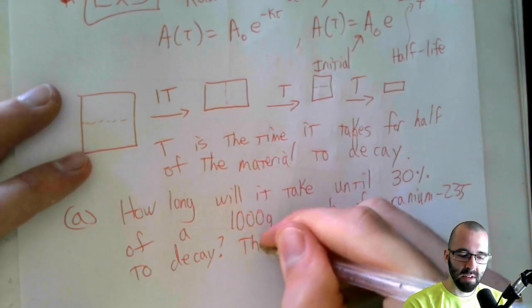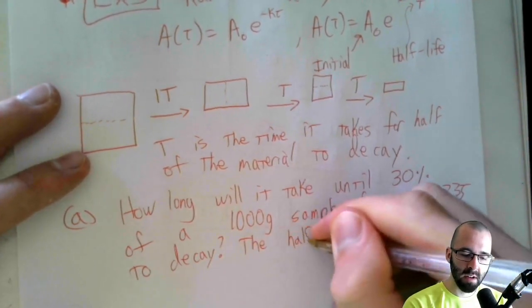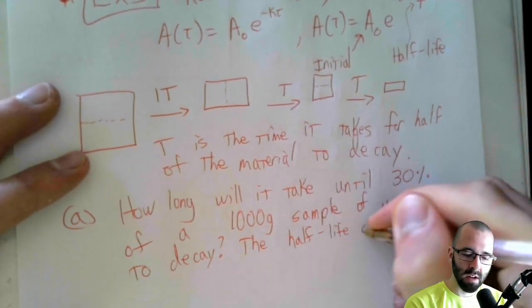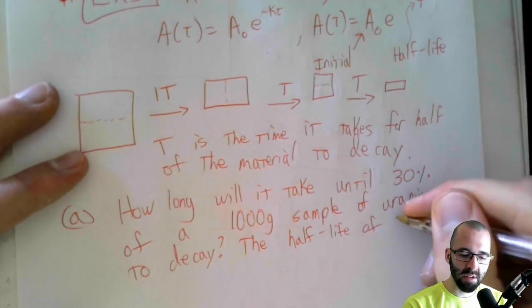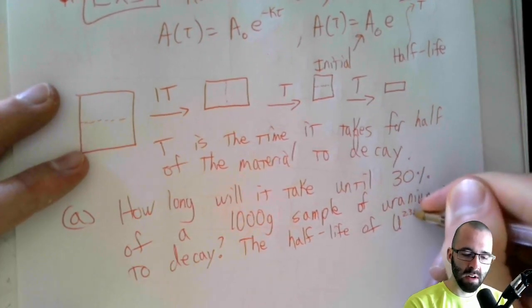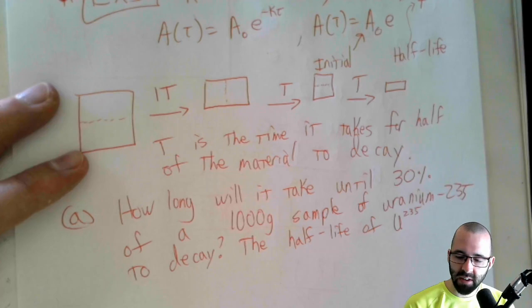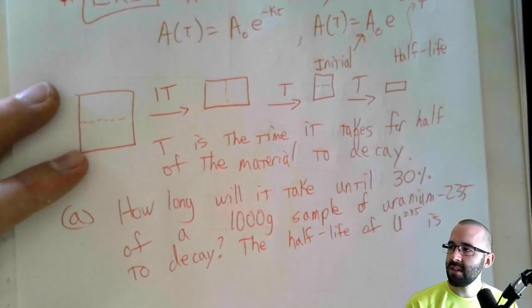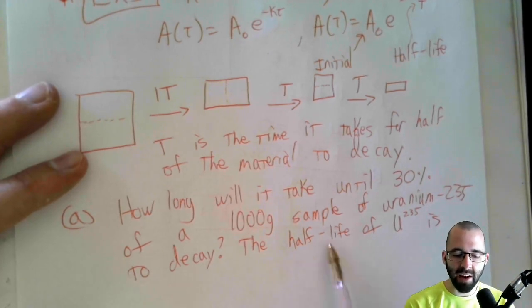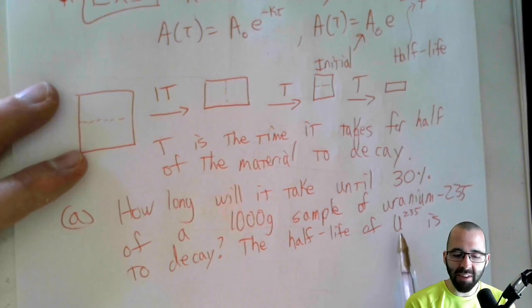The half-life of uranium-235, I believe this is the abbreviation for that, is long. The time, half-life, right? Time it takes for half of this material to decay.